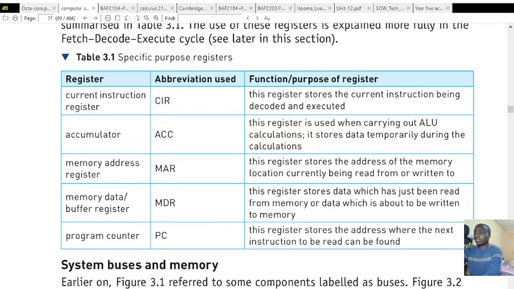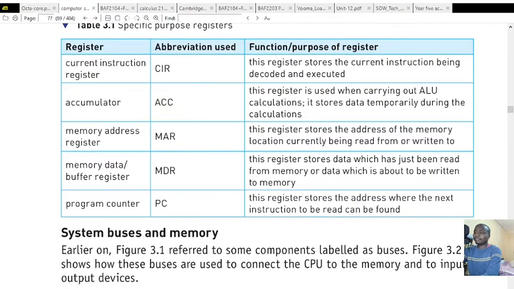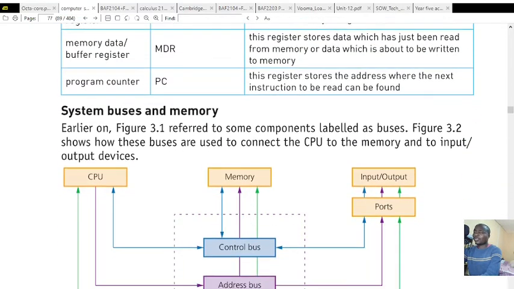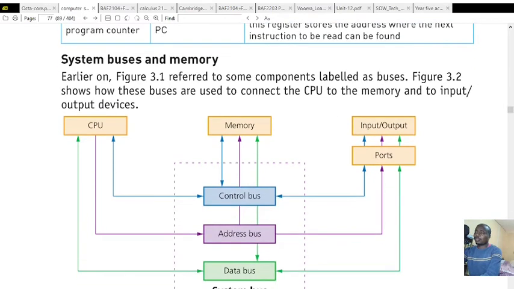So that is it. The next thing I want us to look at is the system buses and the memory, and how they work in synchrony to actualize the purpose of the central processing unit. This is how the individual devices are organized.